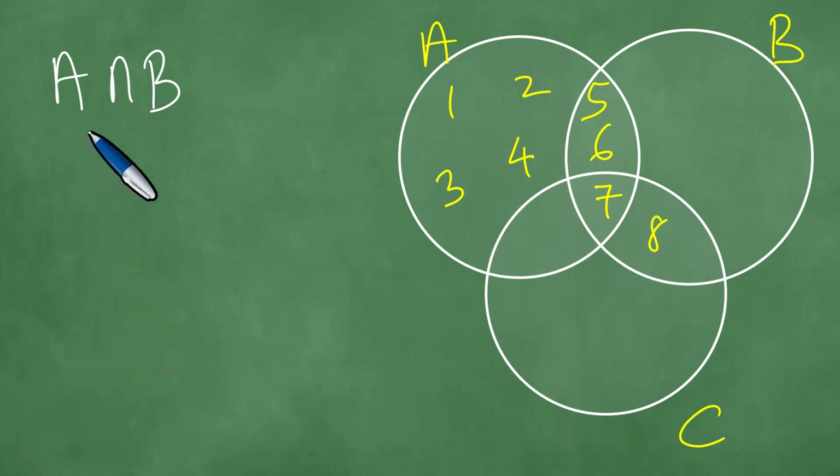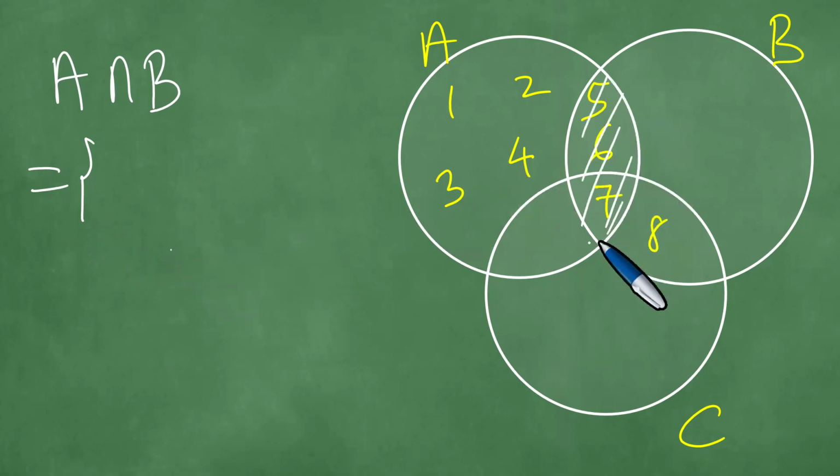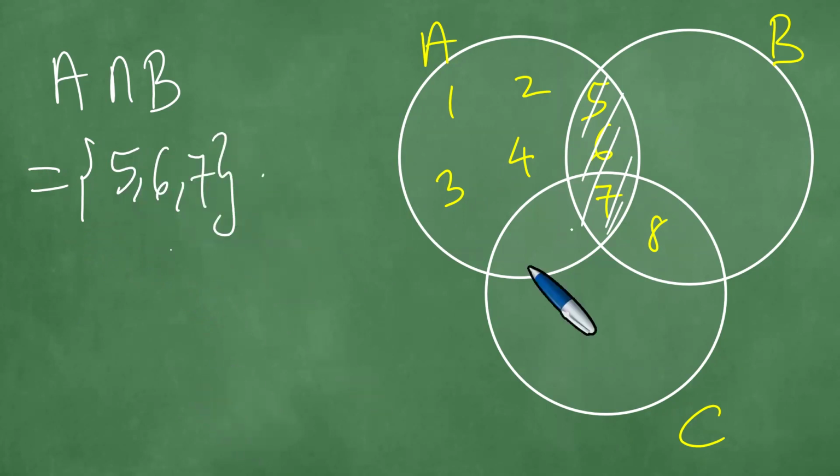Now A intersection B will contain what? The elements that are in both A and B simultaneously. So the elements in both A and B simultaneously become the elements what? They are these here. So now A intersection B therefore has the elements 5, 6, and 7. Okay, that is A intersection B.